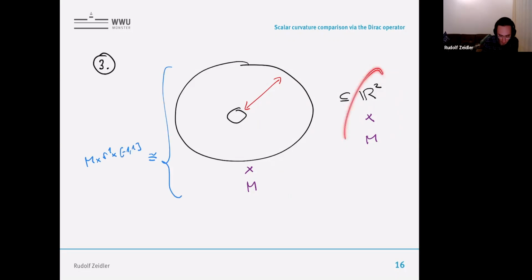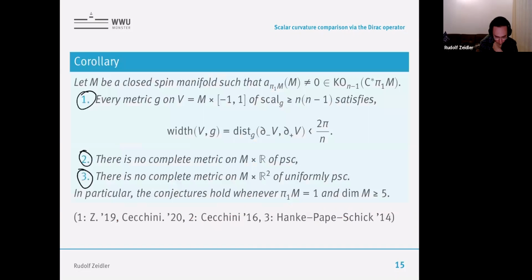And if you have a complete metric here, then you can take a very large annulus and get this width here as large as you want. And then you can apply the first part of the corollary to M cross S1. You still have to check that this index invariant survives after taking the product with S1, but it does. And then you see that this third part is a consequence of the first part.